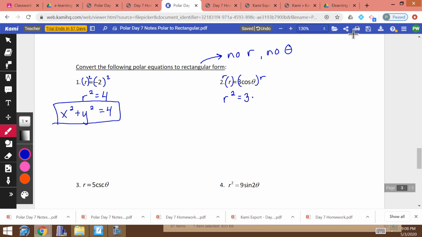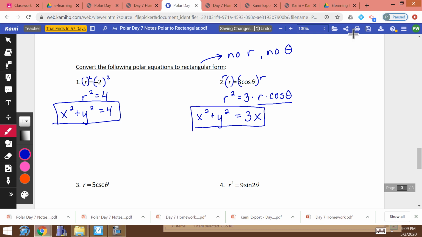If you can think ahead that you are going to eventually have an r times either the sine or cosine of theta in there, then you can say, okay, r cosine of theta, that is x. Then r squared we know is x squared plus y squared, and we have the rectangular graph.